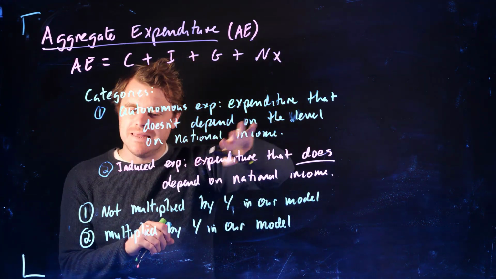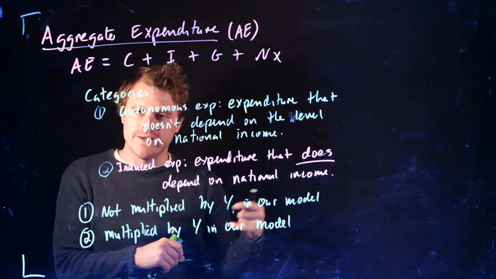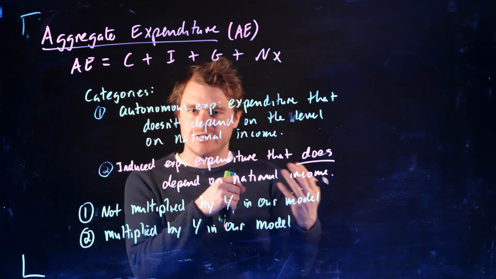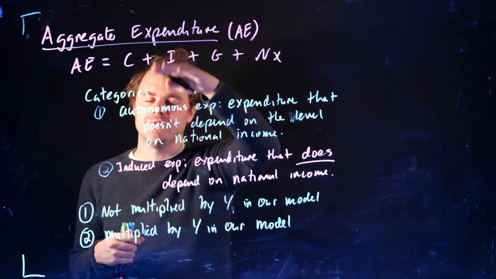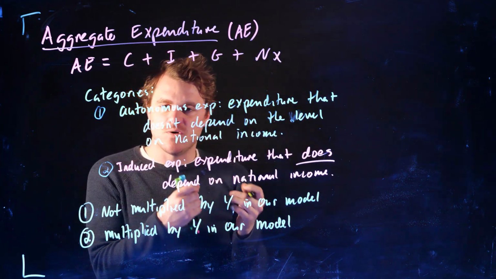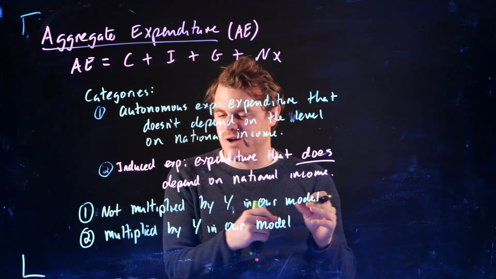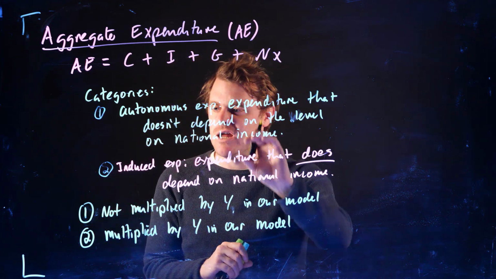This might be a little bit confusing now, but as we get into what consumption and investment look like, it'll be more clear, and hopefully by the end of the module you understand what I mean by autonomous and induced.